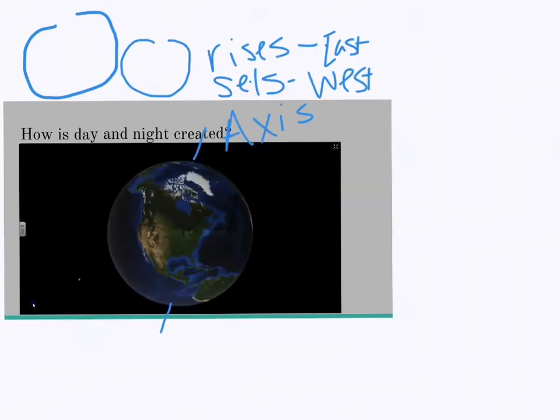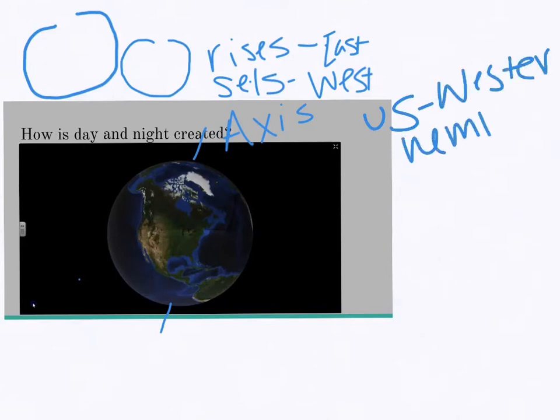Okay, so knowing what we have just learned, we know that the United States is in the Western Hemisphere and India is in the Eastern Hemisphere.